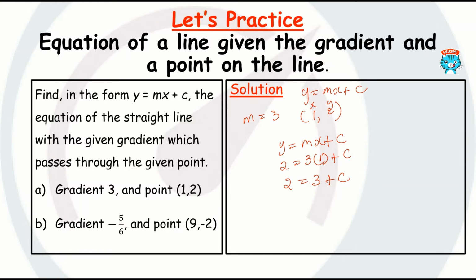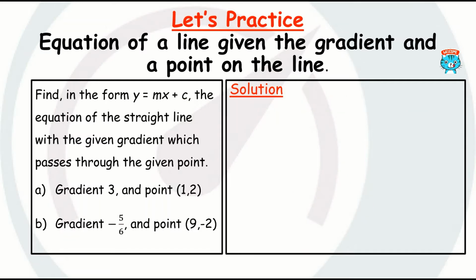So c will be equal to negative 1. Now that we have found the value of our y-intercept, we can put it in the form y equal mx plus c. We know our m, 3x, and c is negative 1. So the equation of the line given the gradient 3 and the point (1, 2) is y equal 3x minus 1.